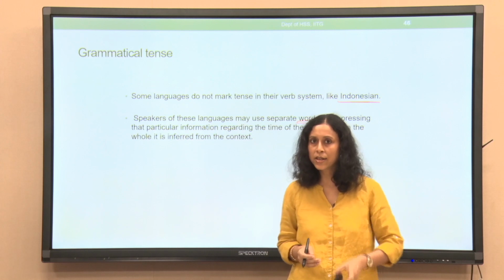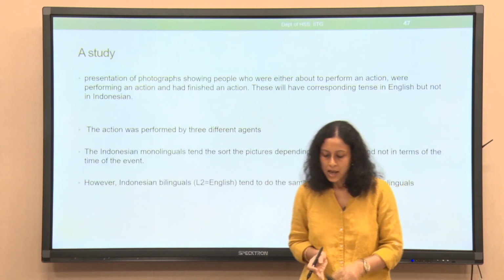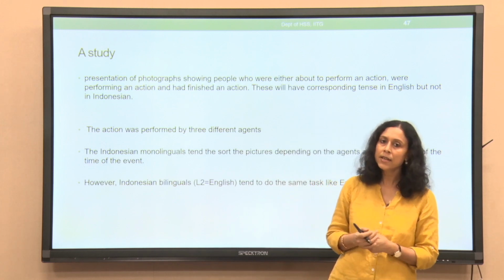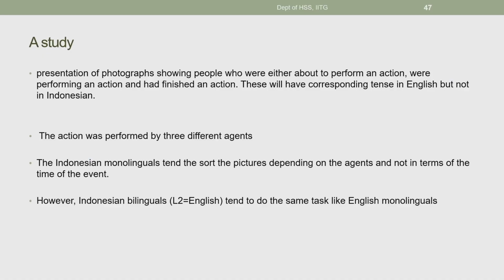However, there are other ways of understanding the context. A particular study was carried out to ascertain if this lack of grammatical tense marking in Indonesian has a direct impact on the way they look at the event. So, the study went like this. There were photographs showing people who were either about to perform an action, were performing an action, or had finished an action.